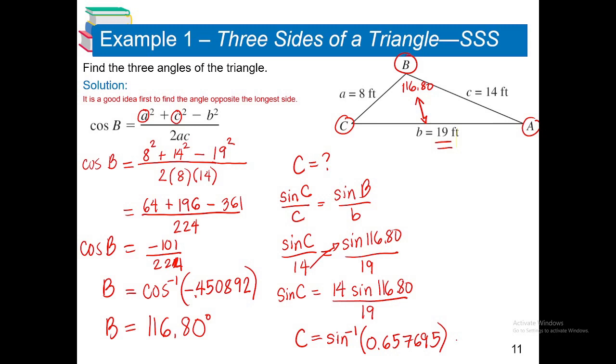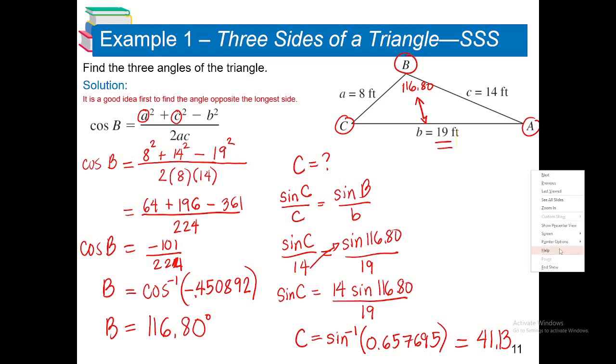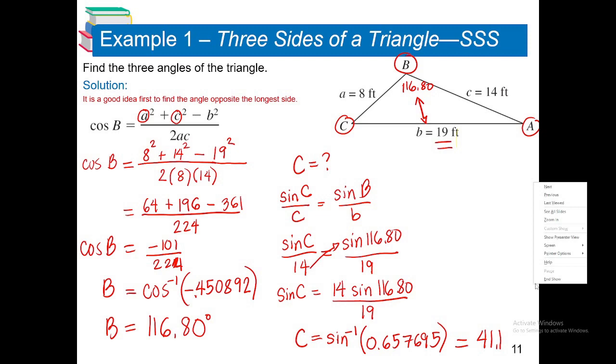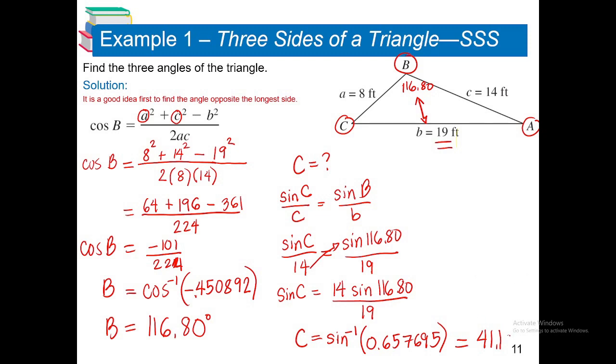How much is the answer in your calculator? 41 point 13? Which is correct? 41.12. Okay, let's change that to 41.12.